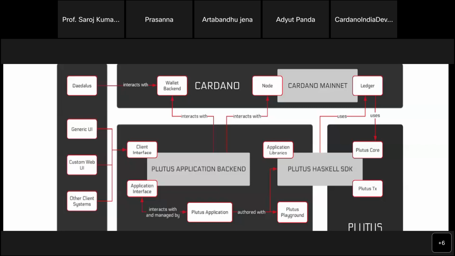From the next class, we'll start with the Cardano architecture and where Plutus is and what the protocols are, with a theory-based class. Then we'll start writing programs and installing things, like the Plutus application backend.